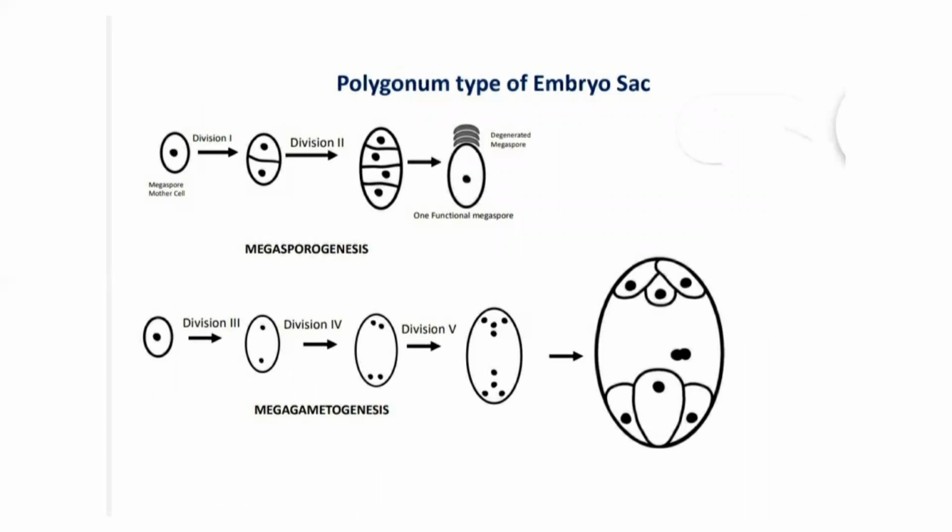This is the Polygonum type. The 8-nucleate monosporic type of embryo sac was first discovered by Strasburger in Polygonum divaricatum, so it is known as the Polygonum type. Which plant did Strasburger first discover it in? Polygonum divaricatum.